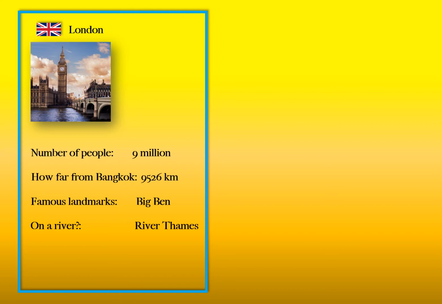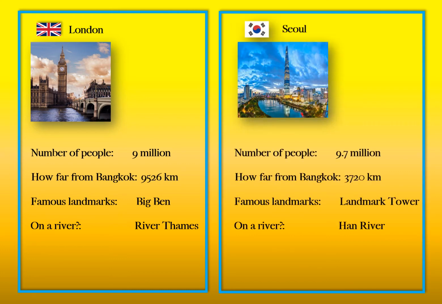That is nine million. It is 9,526 kilometers from Bangkok. A famous landmark in London is Big Ben. Here you can see it in the picture, the clock. London is on the River Thames. The River Thames. Seoul.